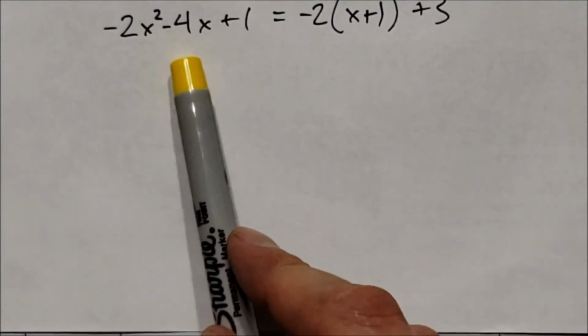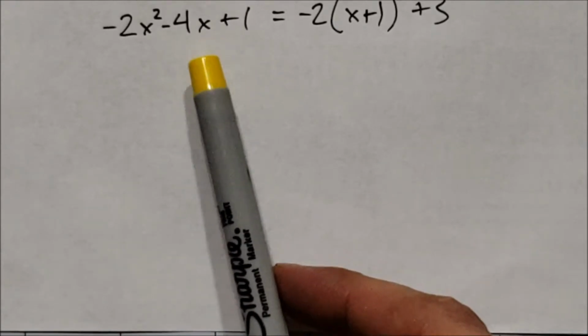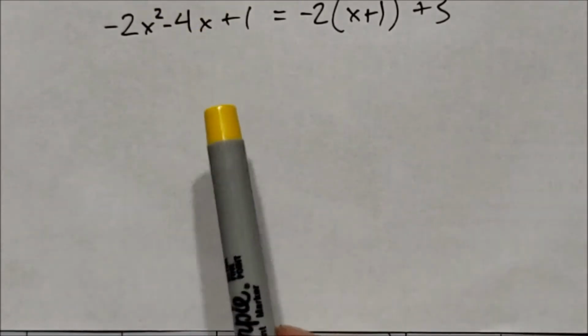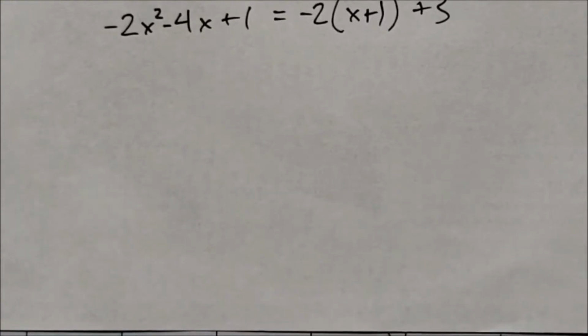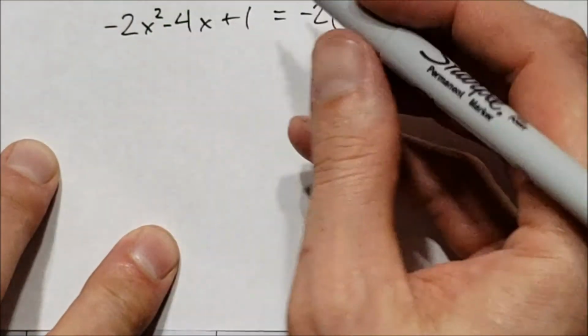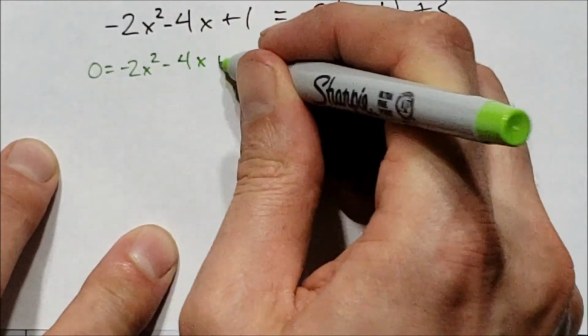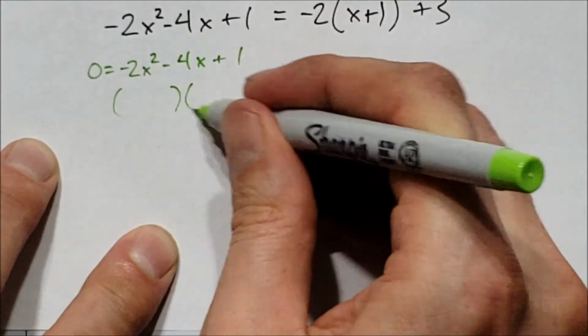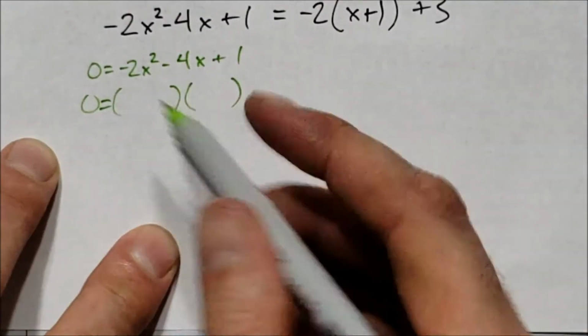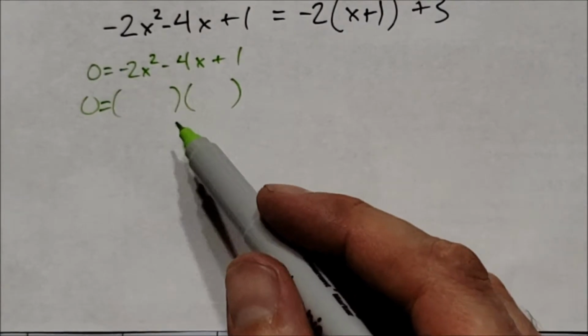In this general form, first off, to find the roots or the zeros, the solutions where it crosses the x-axis, we're going to want to factor this. We're going to set it equal to 0. So if we have 0 equals negative 2x squared minus 4x plus 1, ideally we want to find a factor and use the zero product rule and set each factor equal to 0. That'll give us the roots that we're looking for.